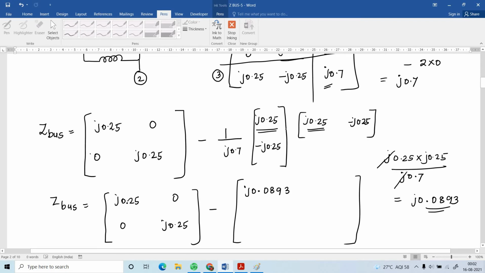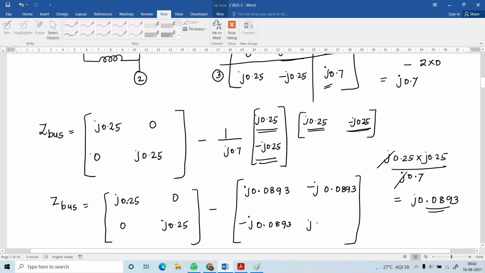Okay, have to put the value here, 0.0893. And next see J0.25 is multiplied with this minus J0.25. So I'll get the answer 0.0893. And next both are multiplied, again I'll get the J minus J0.0893. Then this minus J is multiplied with minus J, minus into minus plus.